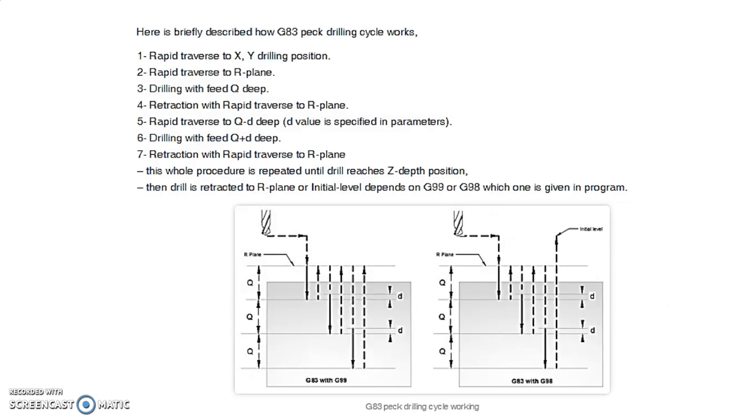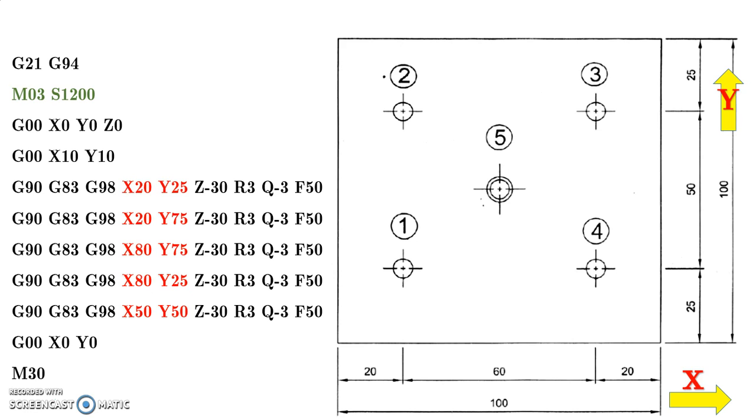Now let me see the program for the given geometry. As per our knowledge, we have to select G21 to follow the metric codes, and G94. This is again a pattern to be followed during drilling. When the drilling is in units per minute mode, we follow G94, and in units per revolution mode, we follow G95.